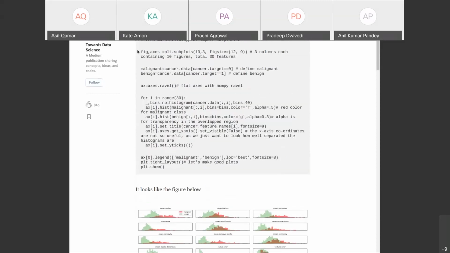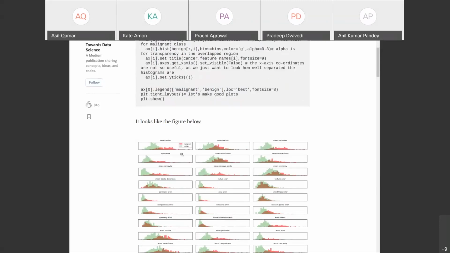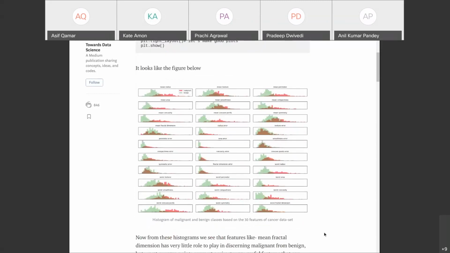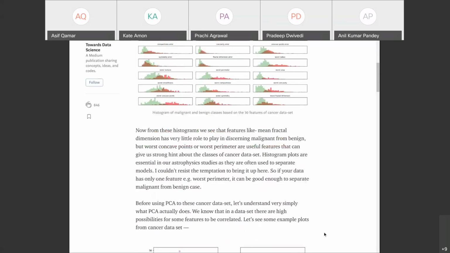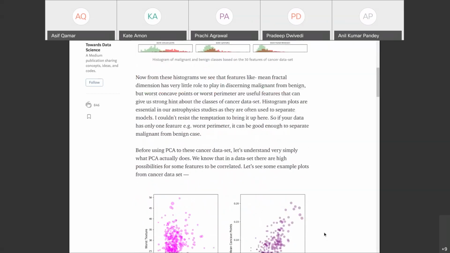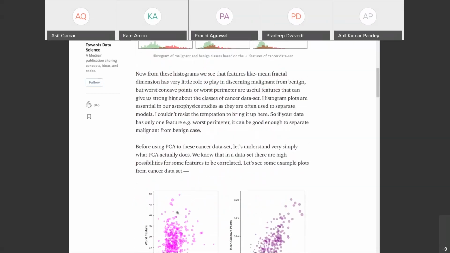By the way, I wouldn't recommend the code that he has used. I would recommend the code that I gave you in the tabular data notes, because that code will immediately draw essentially the same histograms and pair plots for you in a perhaps more elegant manner. So you use that, and then you realize that when you look at the data, the features are highly correlated.